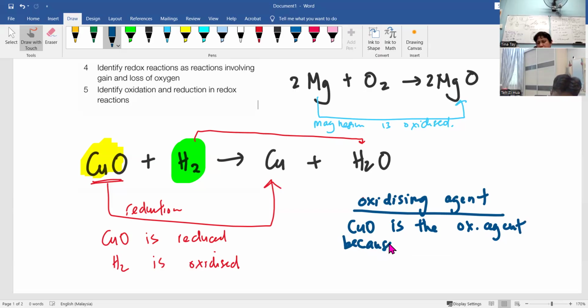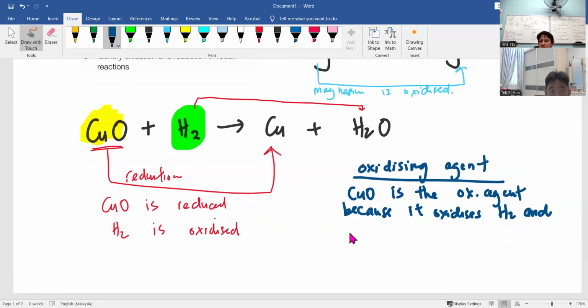because it oxidizes hydrogen and what happens to itself? Is it oxidized or reduced itself? Reduced. and is reduced. So the one that is reduced is the oxidizing agent. So the one that is oxidized is the reducing agent.